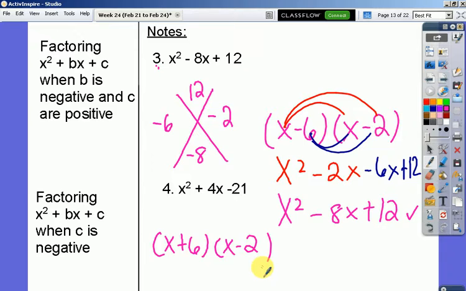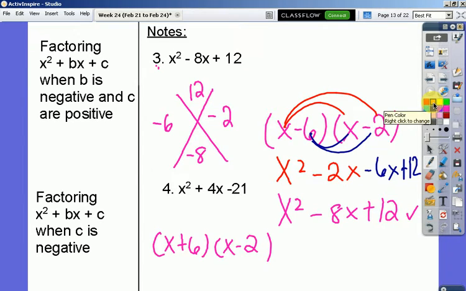Were negative 6 and negative 8 related? They are related in the sense that the negative 6 plus the negative 2 will get you the negative 8, and the negative 6 times the negative 2 will get you a 12. So, again, that's why I make this x, and it can be helpful for some people.